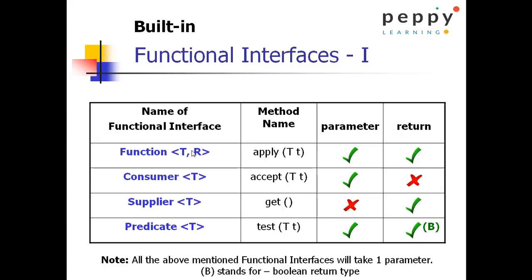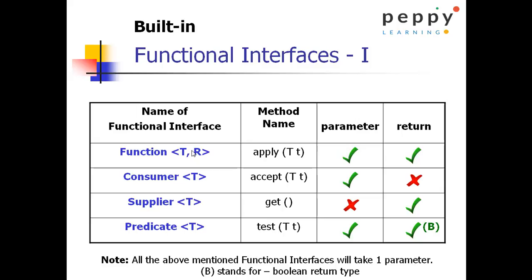Third one, Supplier. Supplier has a method called get, which does not take any parameter but returns a value. And the last one, which is a little special compared to others, is named Predicate.